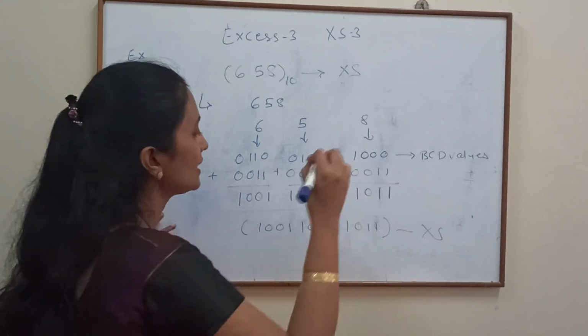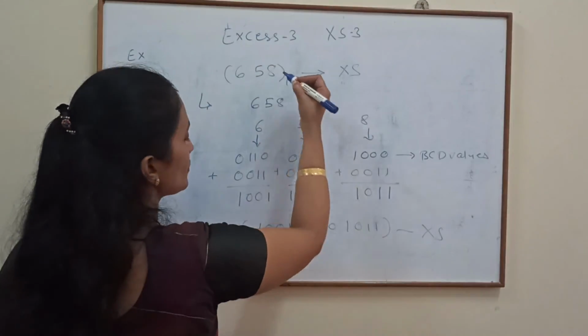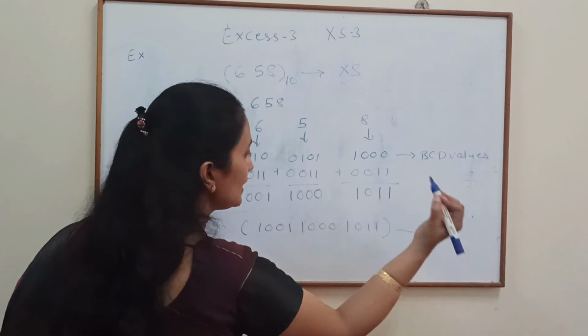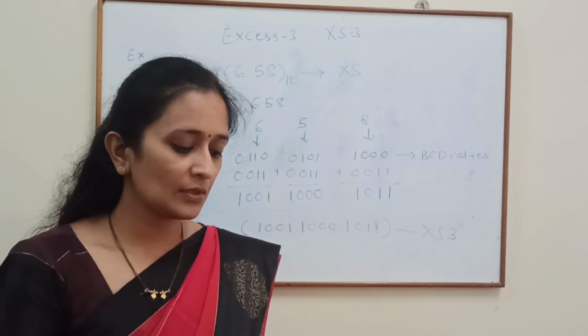This is the XS equivalent of 658. This is the decimal number. This is the XS3 equivalent. This is XS3 code.